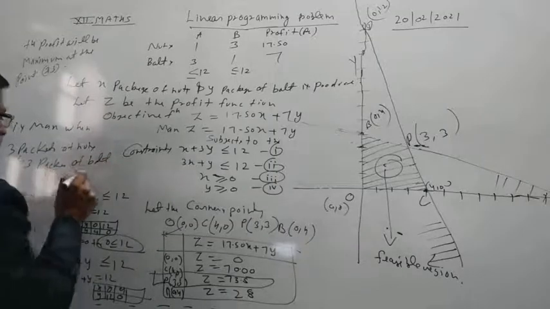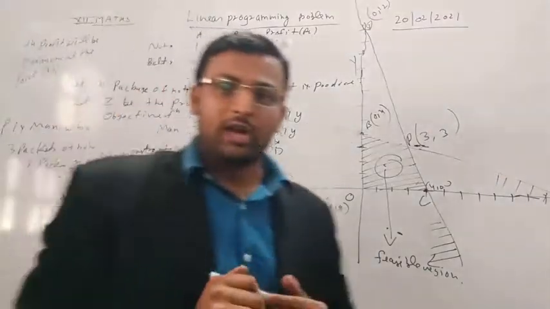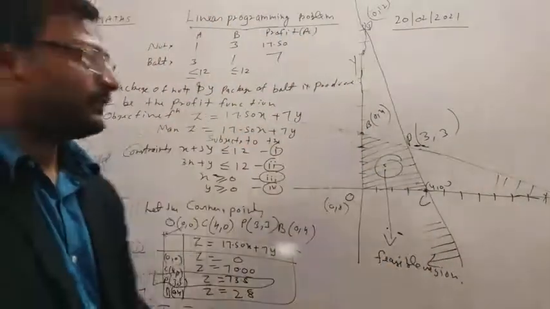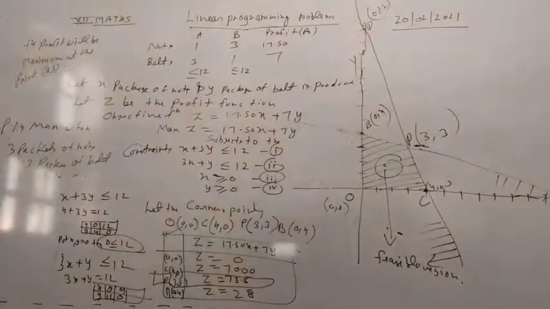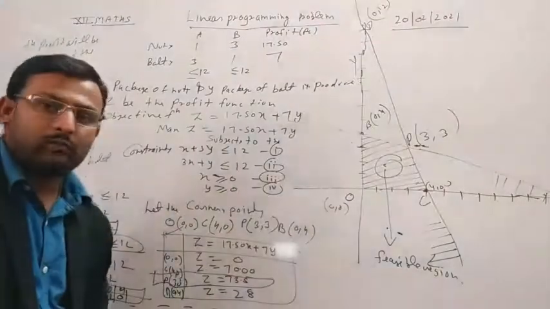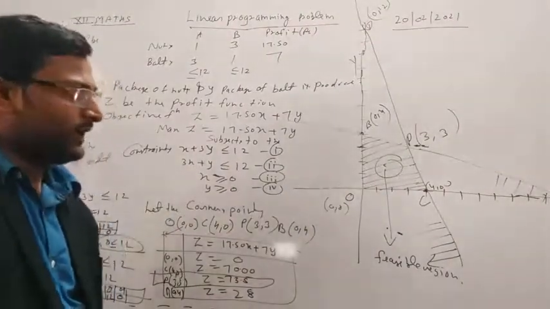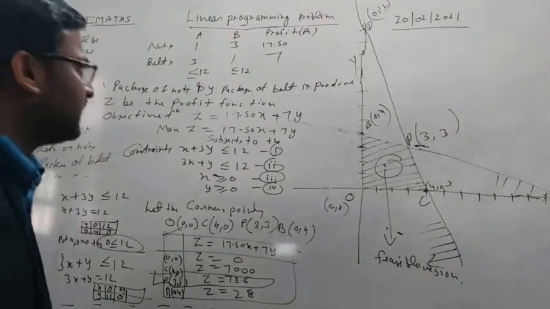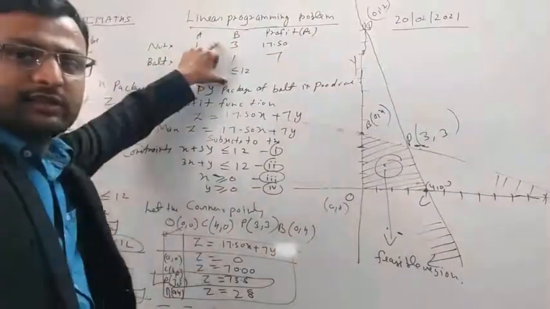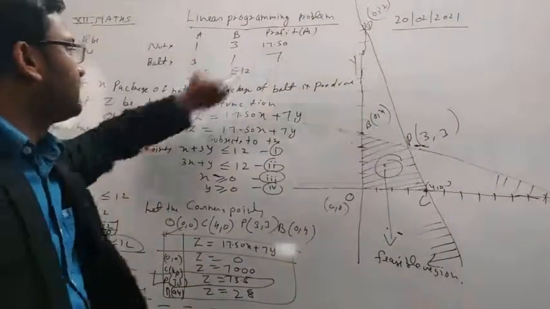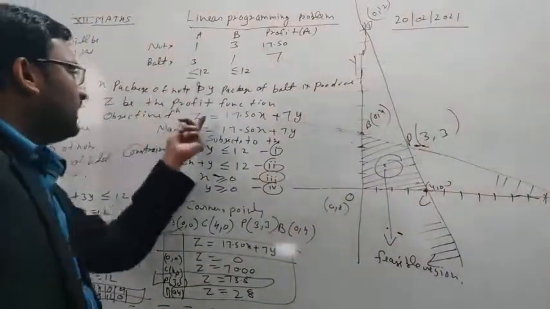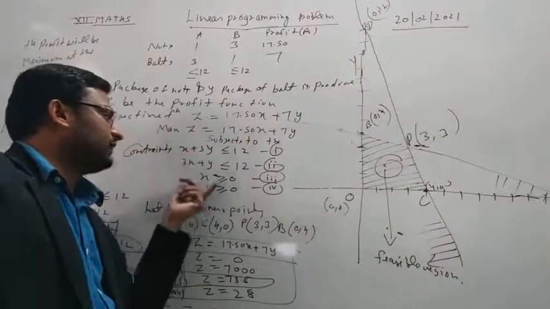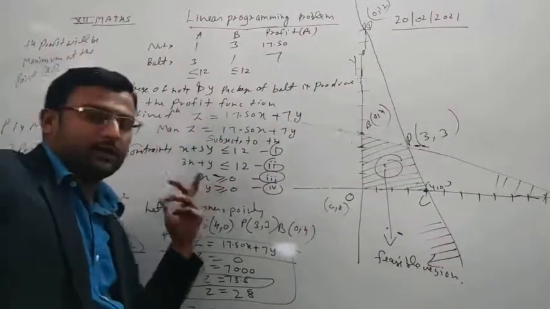Okay students, I hope you understand how we can find the solution of this linear programming problem by the graphical method. First of all, we make the mathematical formulation. With the help of this we made the maximized Z subject to the constraints.